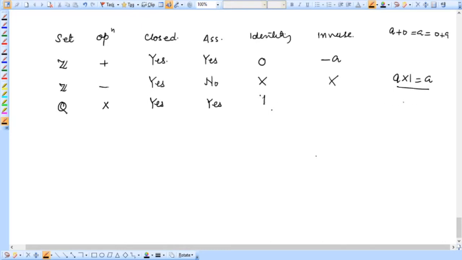And also you see what is the element when multiplied by a, we get 1 again, right? So you will be thinking that okay, this might be the inverse, right? But actually in the real way this is not the inverse, because 0 is also a rational number.